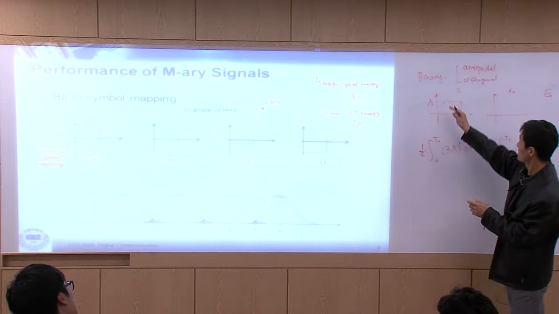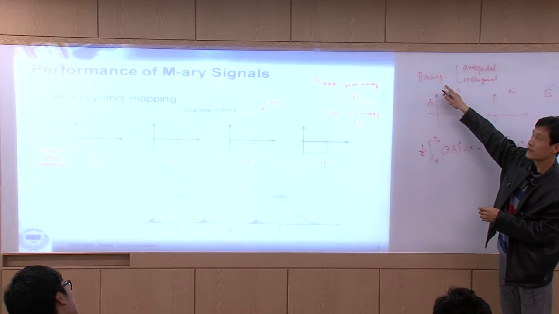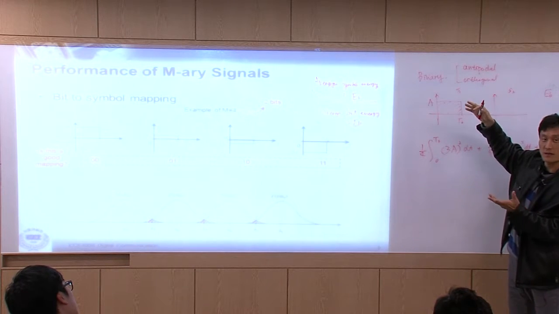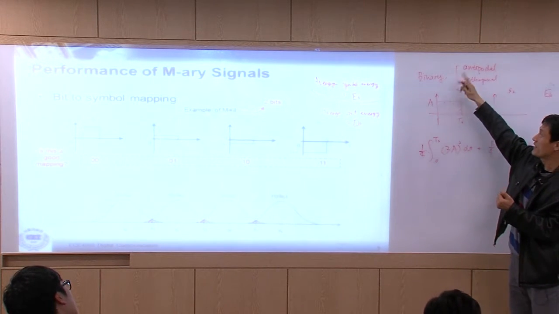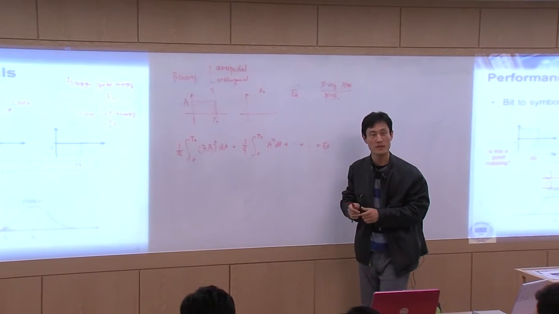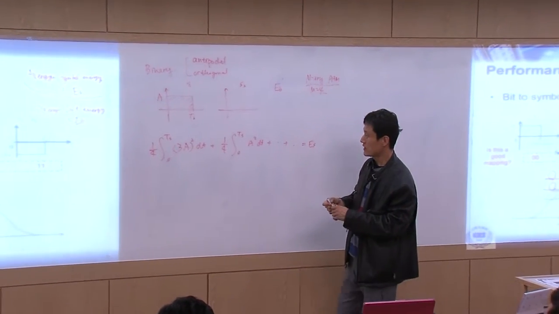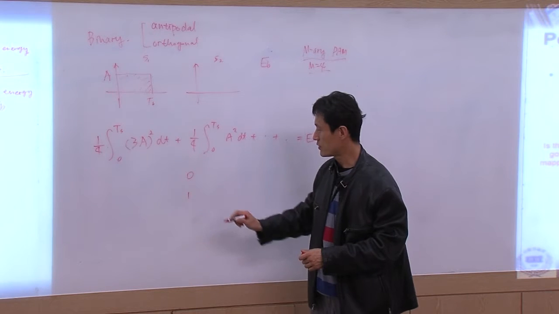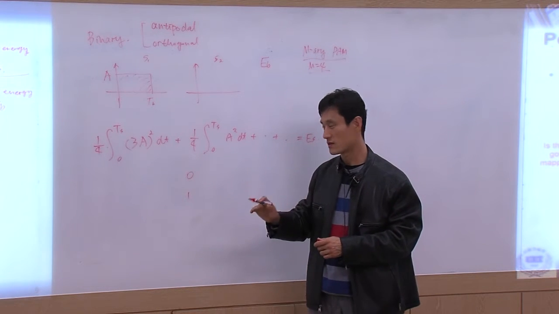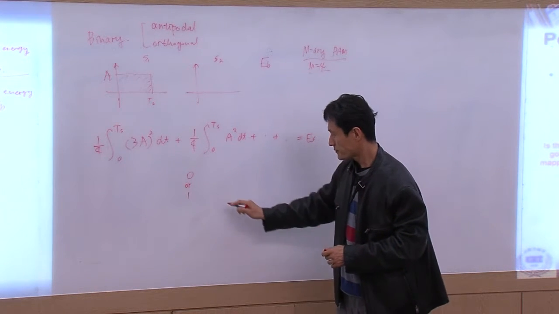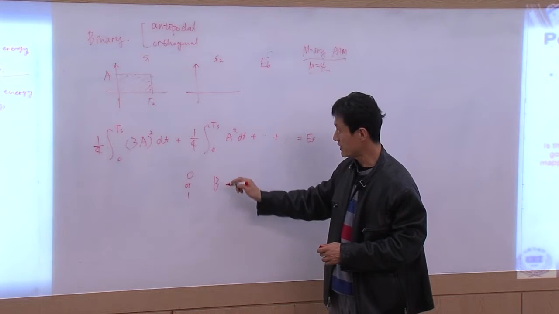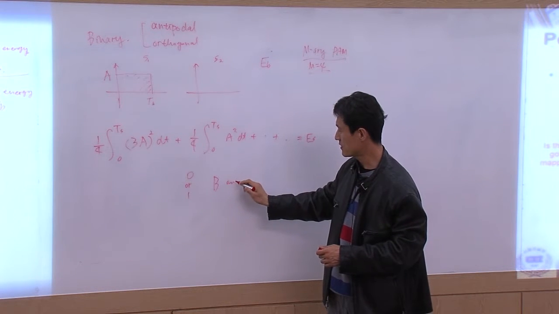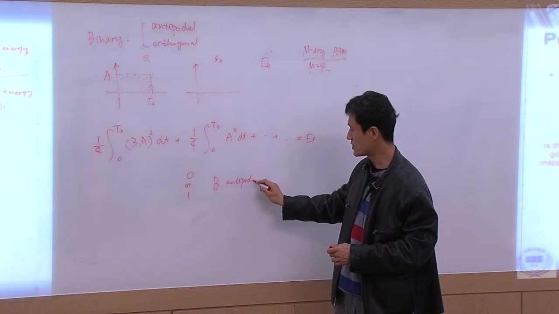Take binary PAM, for example. PAM is a modulation. So this is a binary PAM modulation, and we know that 1, 0 is a bit. Using binary antipodal signaling, that's a modulation.